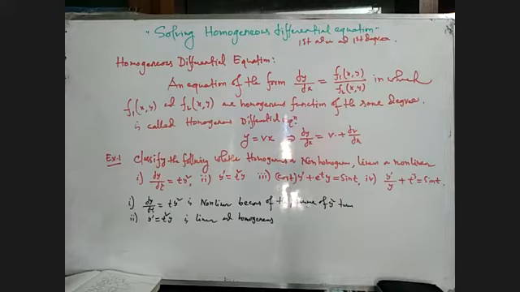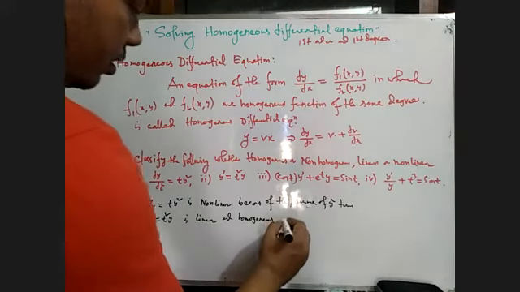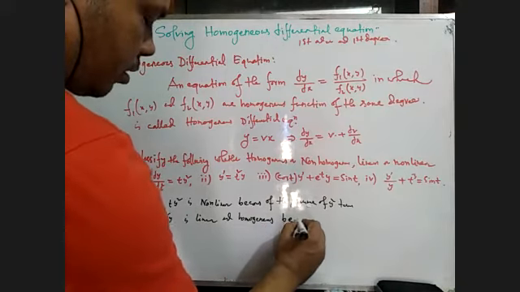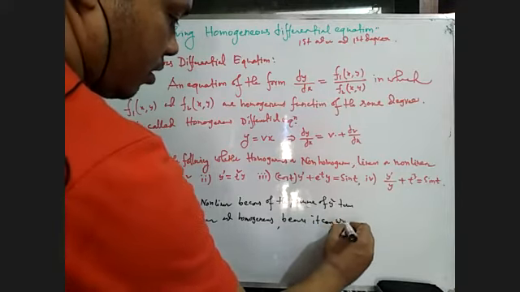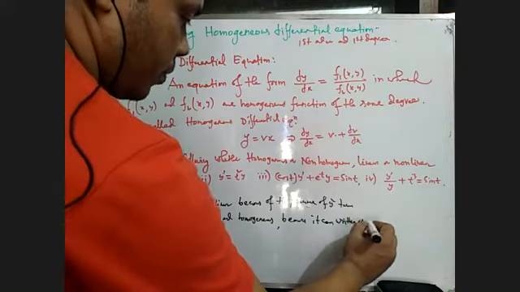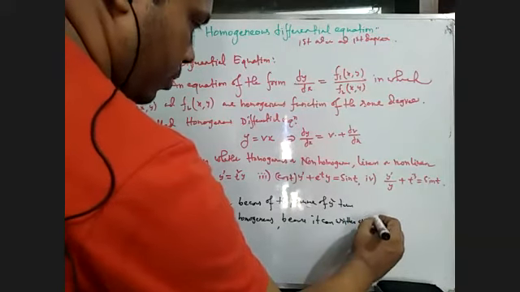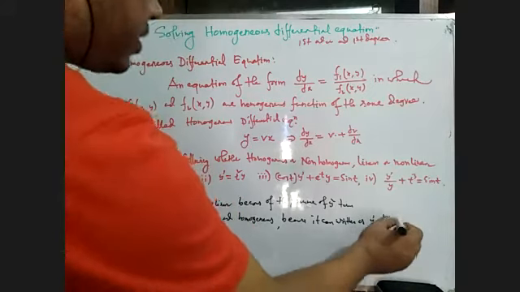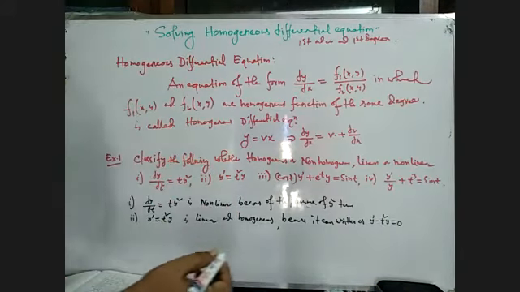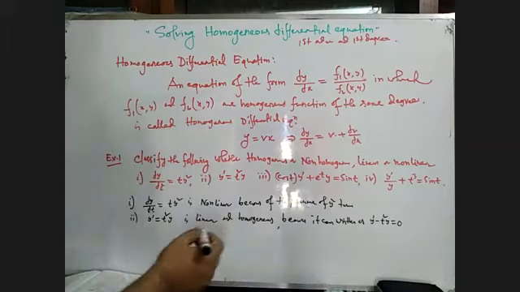It can be written as y dash minus t square y equals 0. That means the right hand side is 0. If the right hand side is 0, then it will be homogeneous.